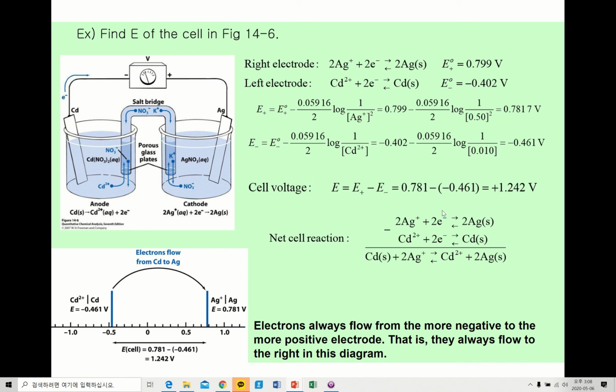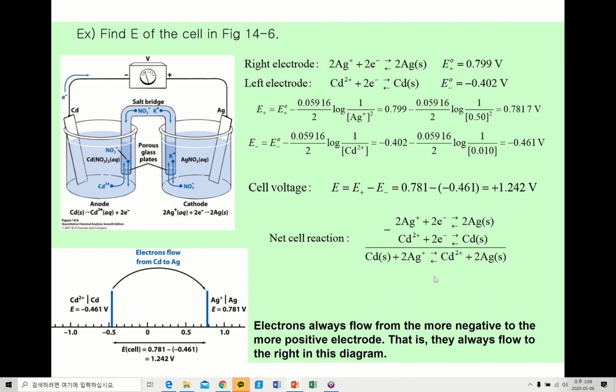So this is the overall reaction. Since each electrode reaction is written in reduction form, to get the net reaction we subtract the left electrode reaction from the right one, and then we get this.